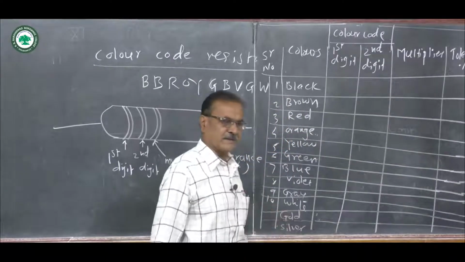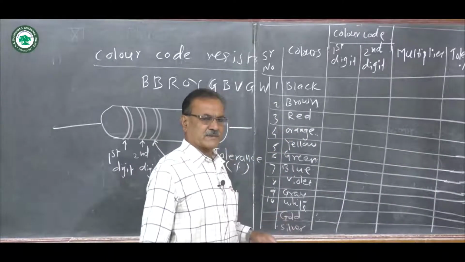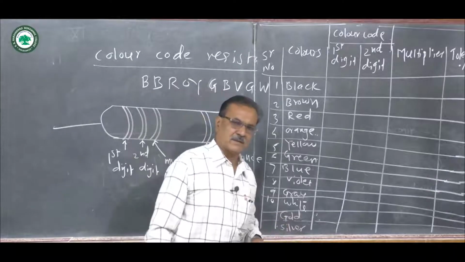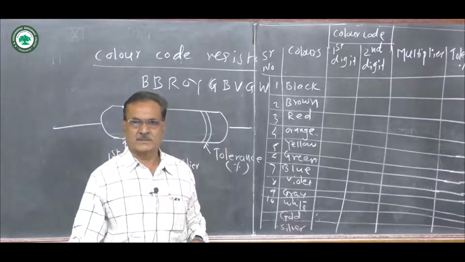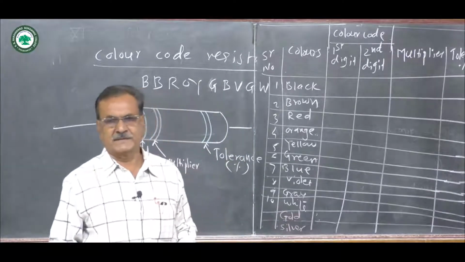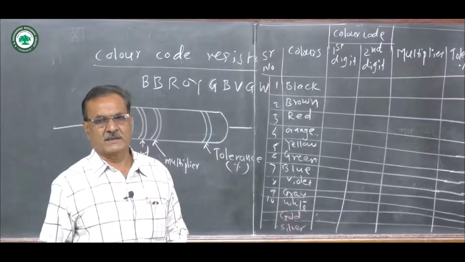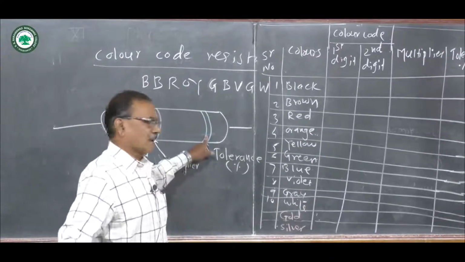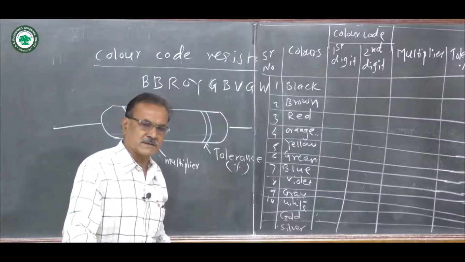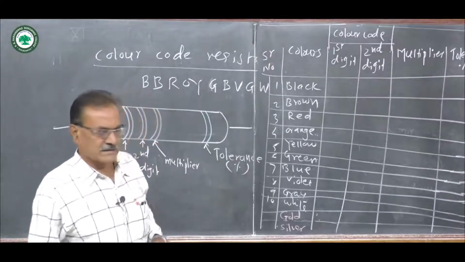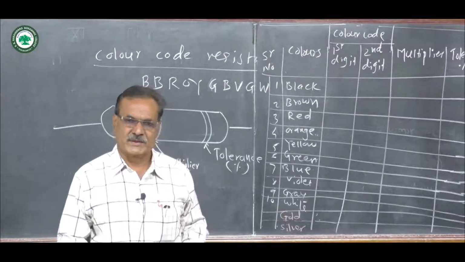Gold denotes plus minus 5%, silver denotes plus minus 10%, and if there is no color at the other end of the resistor, then the tolerance is plus minus 20%.